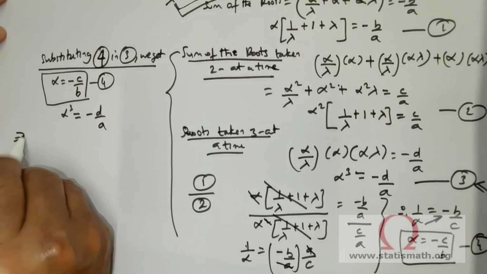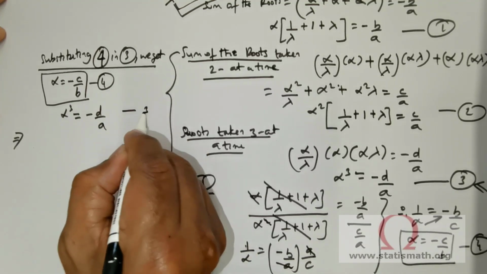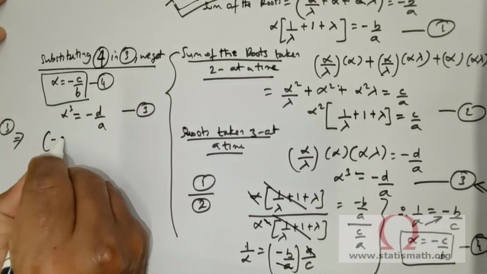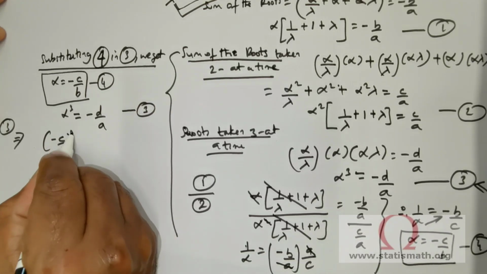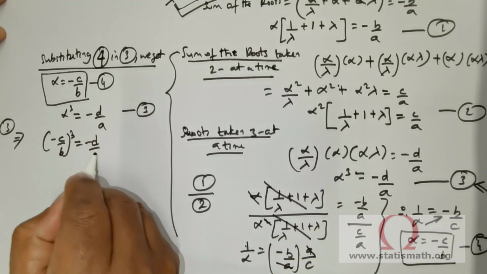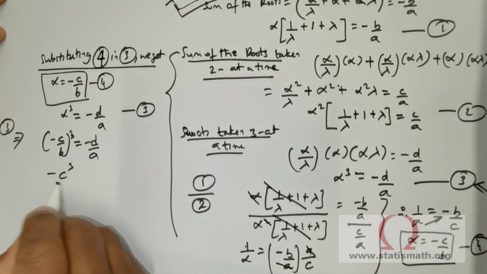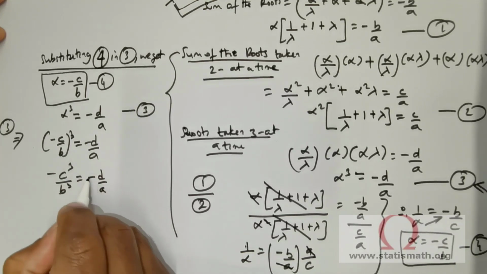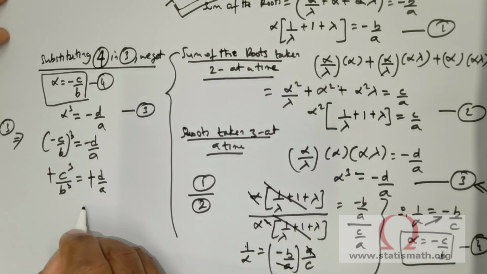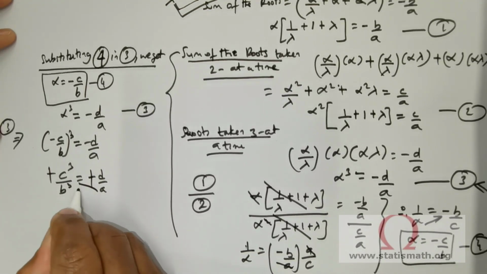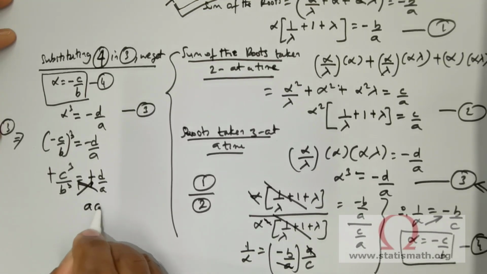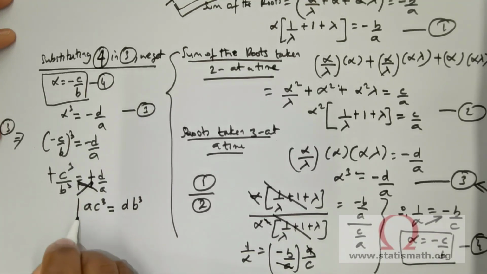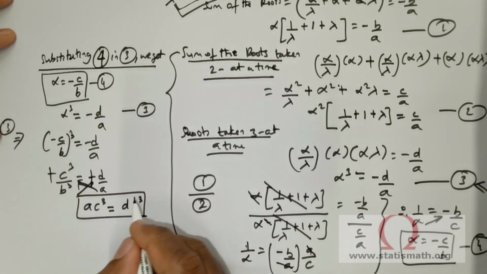So 3 becomes negative c over b raised to the power 3 is equal to negative d over a. This is negative c cubed over b cubed is equal to negative d over a. The negative signs will become positive, so you can rewrite this by cross multiplying: a times c cubed is equal to d times b cubed. So this is the required condition.